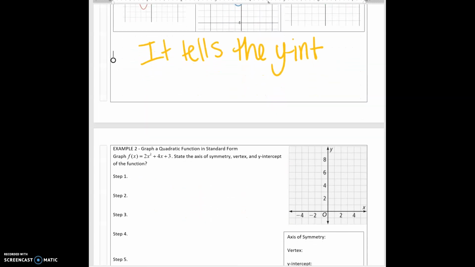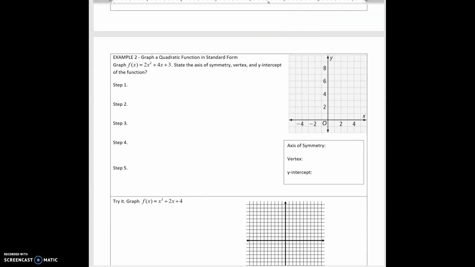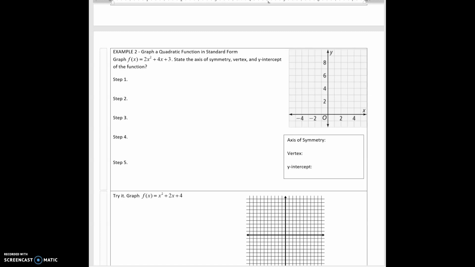Okay, so going on down to example 2, we're going to graph this quadratic function. So in vertex form, we could just start with the vertex. Here we don't know the vertex, so we have different steps that we have to follow. So we are going to go ahead and write each step to be helpful for us.